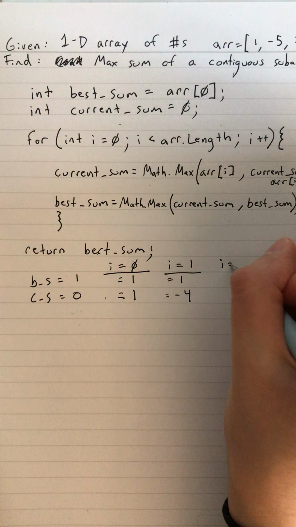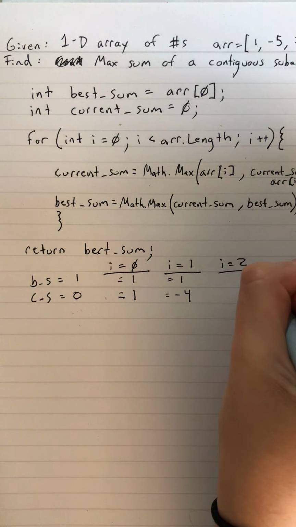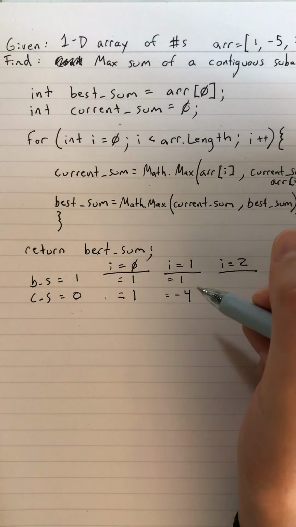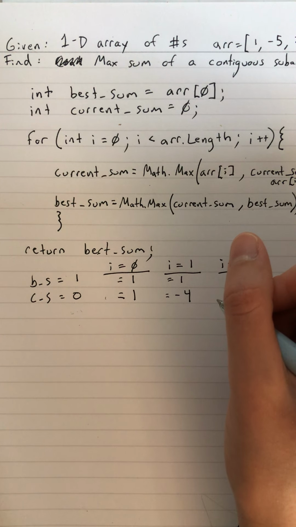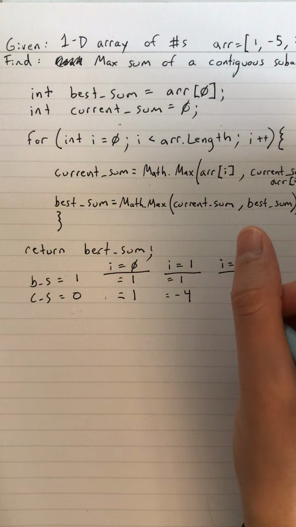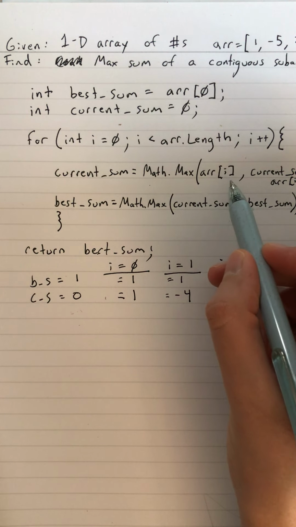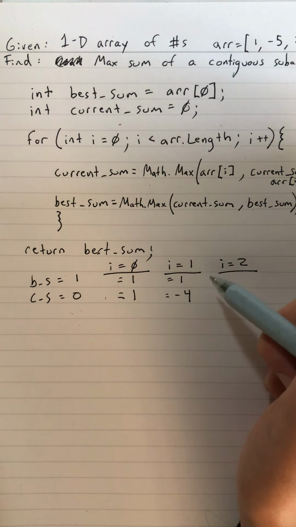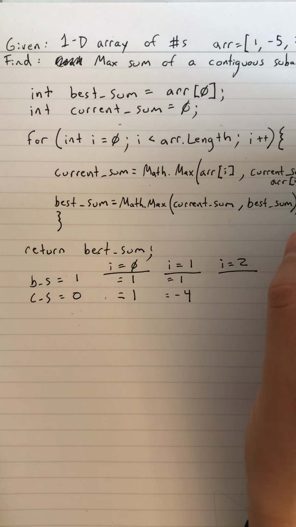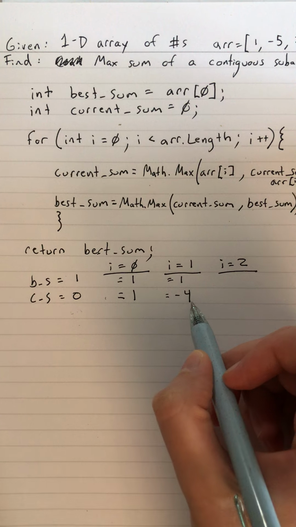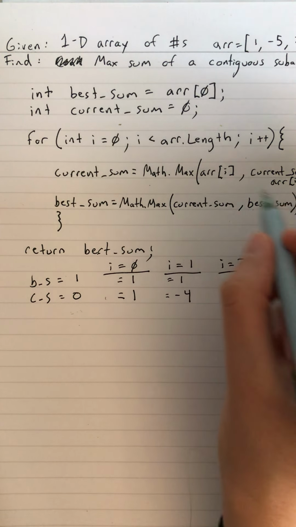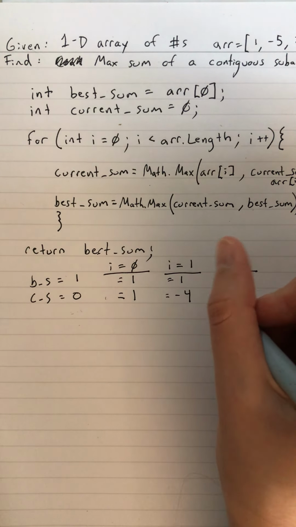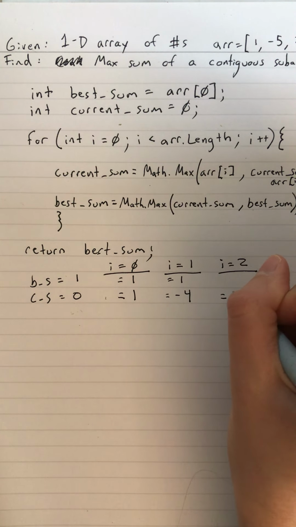Moving on to I equals 2. Here's something really interesting that is going to happen. So we take the max between the ith element, which is 2, or current sum plus the ith element, so -4 plus 2, which gives us -2. 2 is the greater of both of those, so current sum gets assigned to 2.